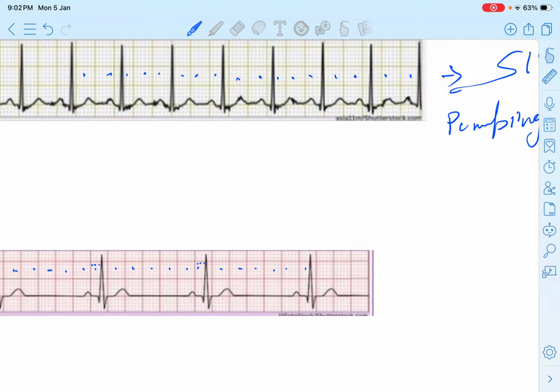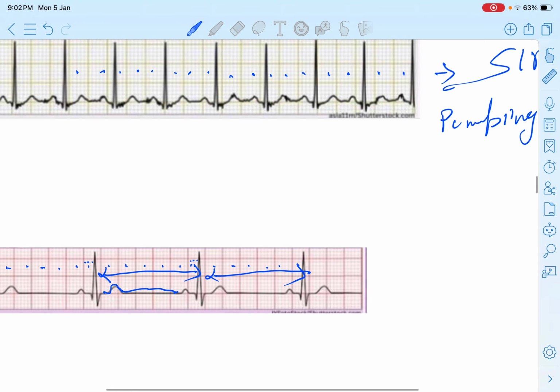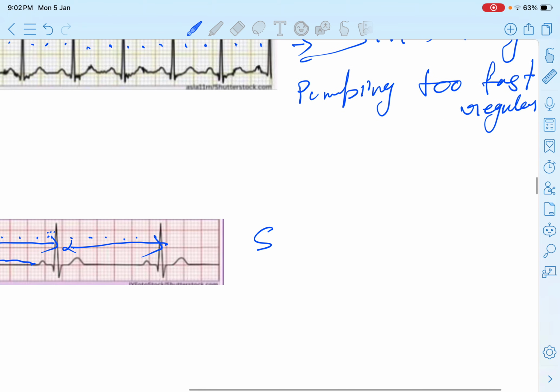Pumping is too slow. P wave here, T wave here. There is the wide, there is also wide. This is called slow pumping of the blood, that is called sinus bradycardia.